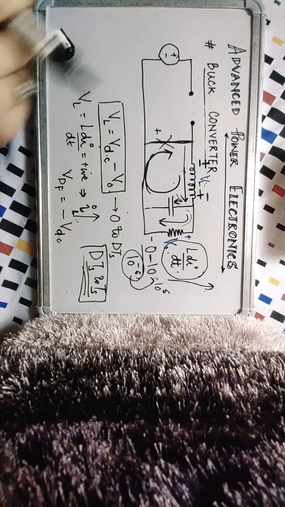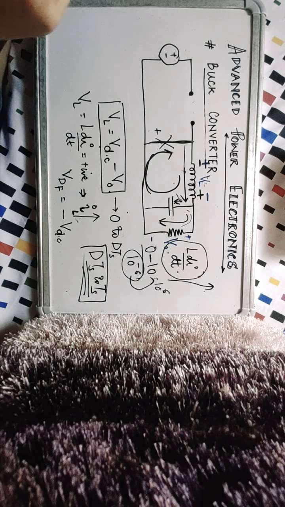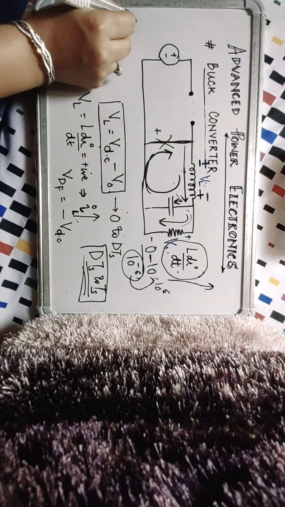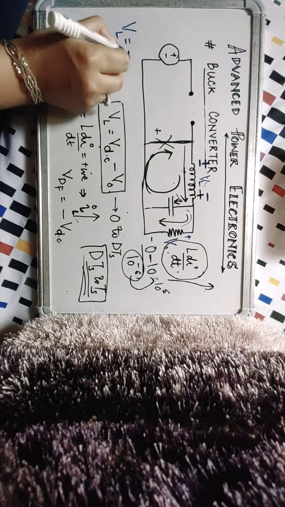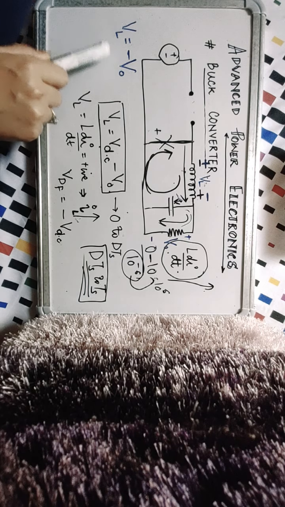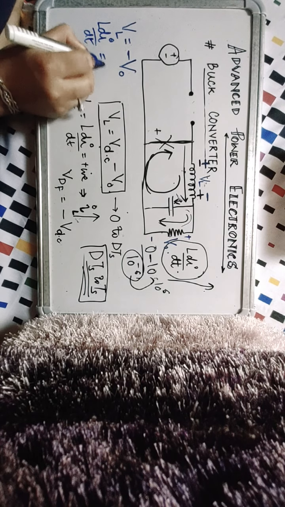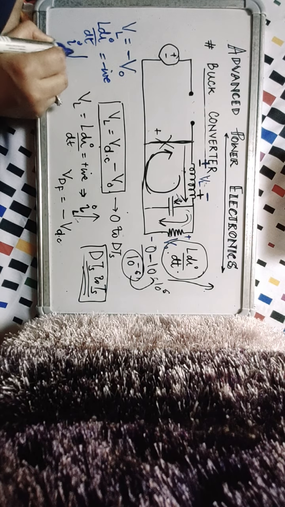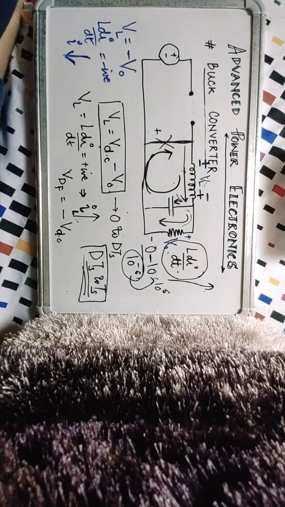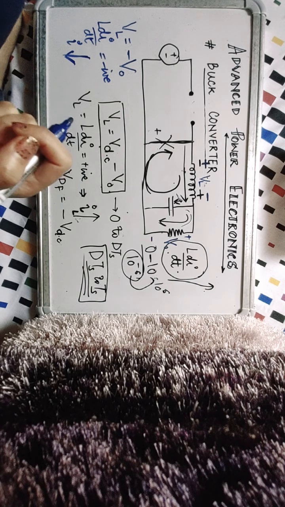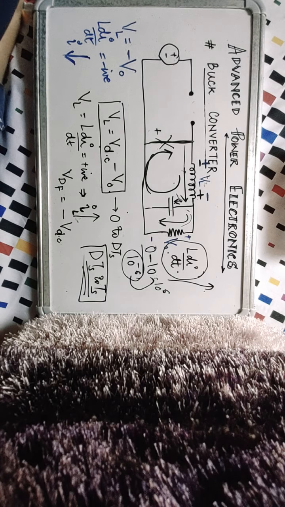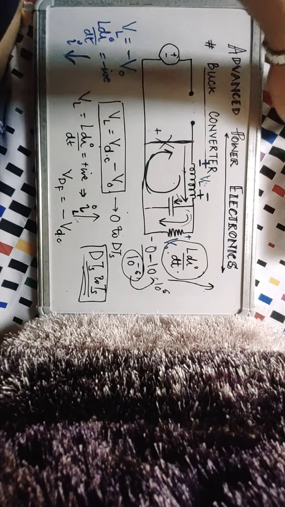In the energy releasing interval, we have, let me use a blue pen, voltage across the inductor is equal to minus V naught, which is negative, which means that L di/dt is negative, or you can say the current is now reducing or falling or decreasing, or in another way, the inductor is now losing the energy that it had previously stored. Now if we just quickly do the volt-second balance.